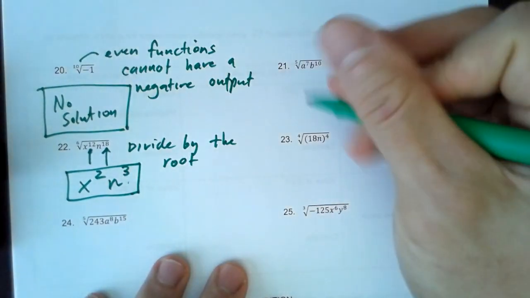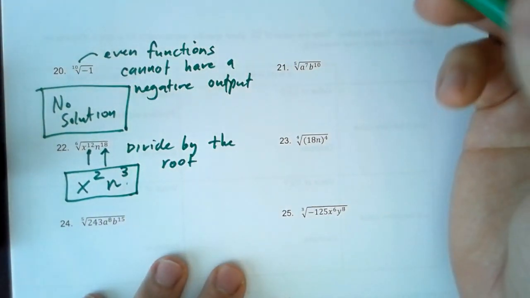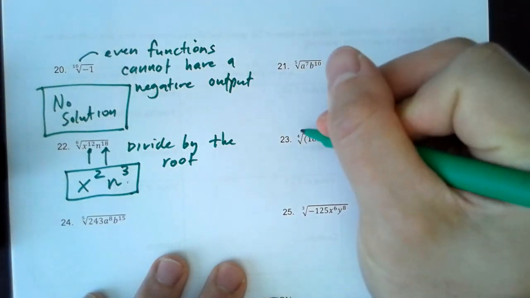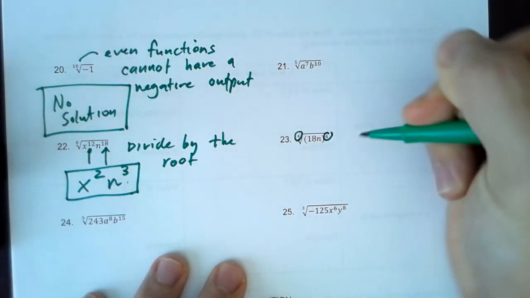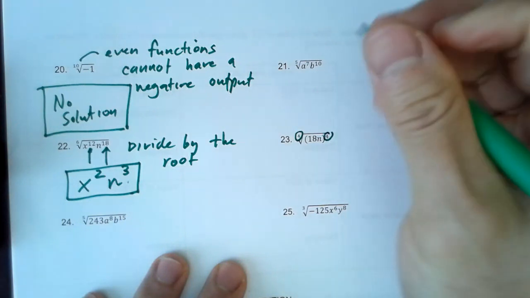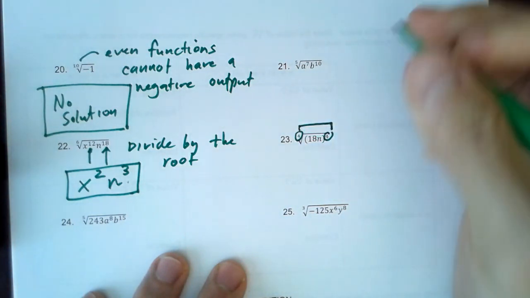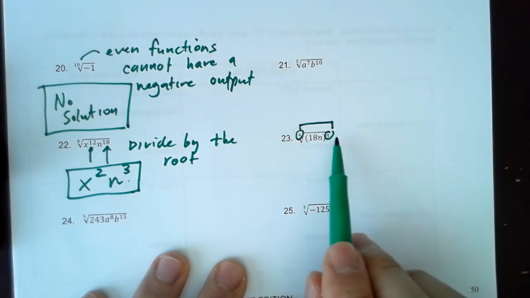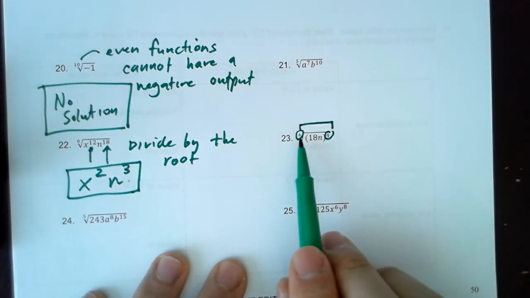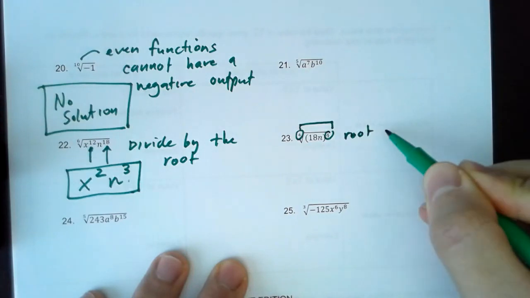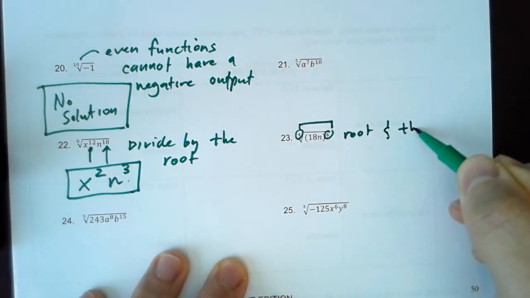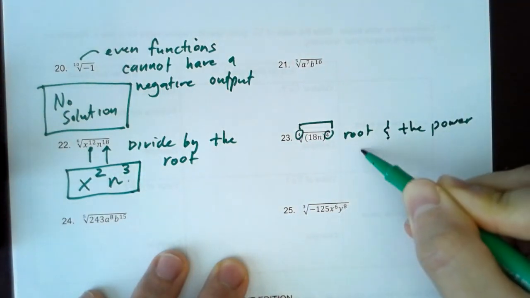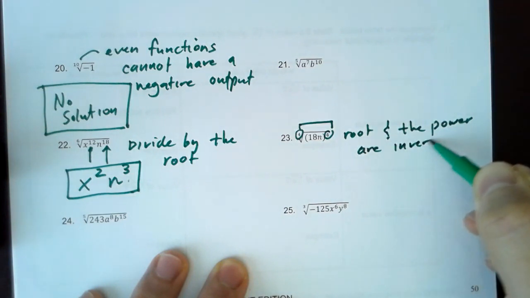Okay, something like 23, and I'm just going to go fast. We're running a little bit out of time. When you have a fourth root and a fourth power, they cancel each other out, right? These are exact opposites. You have a power and you have a root. The root and the power are inverse operations.